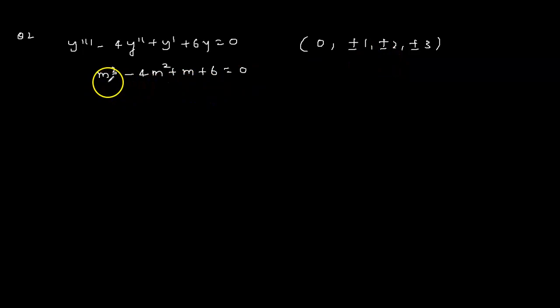If I put 1, 1 cubed is 1 minus 4 plus 1 plus 6, which is 7, not equal to 0. Now put m is equal to minus 1: minus 1, minus 4, plus 1, plus 6, which gives 0. So m is equal to minus 1 is one root.